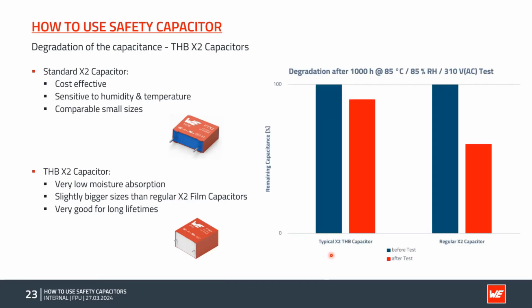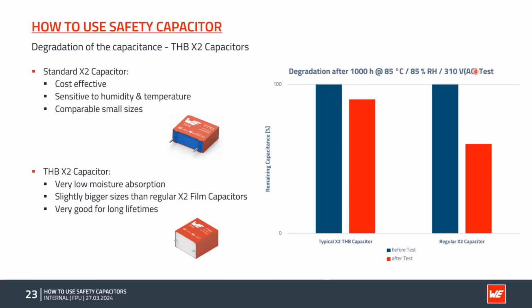To give you a rough idea how this degradation takes place, when we measure before the test and after the test, here you have roughly this 10% drop. It really depends. It's sometimes better, but the limit is the 10%.